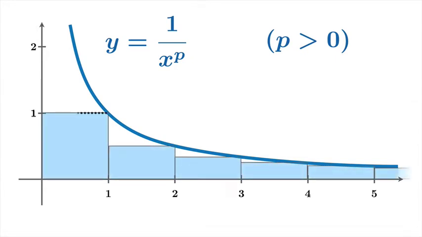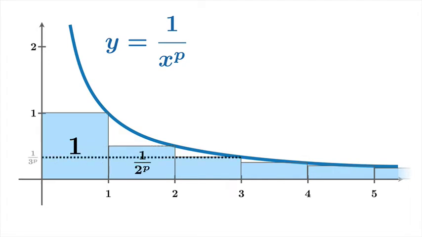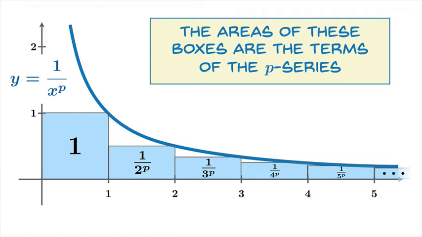And that means the function value corresponding to each of these boundary points actually matches the area of the box. So what we can do is use these boxes to represent the terms of the p-series. Each of these boxes has an area that is equal to one of the terms of the p-series, and this is going to be very handy for our analysis.